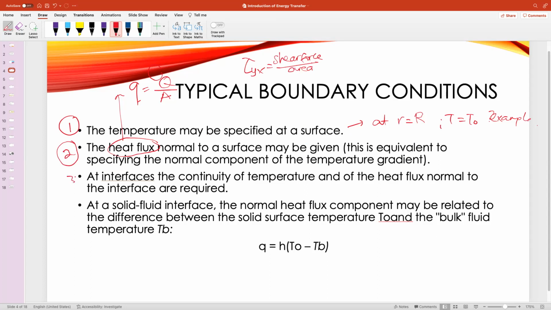And then number 3, at an interface, the temperature and the heat flux normal to the interface are required to be continuous. So the profiles should be continuous.